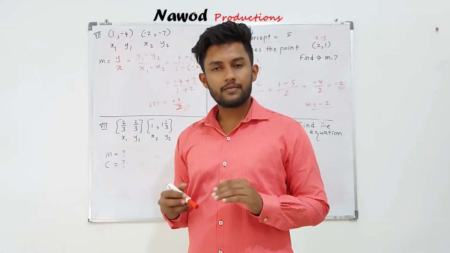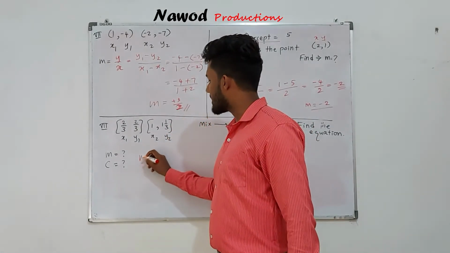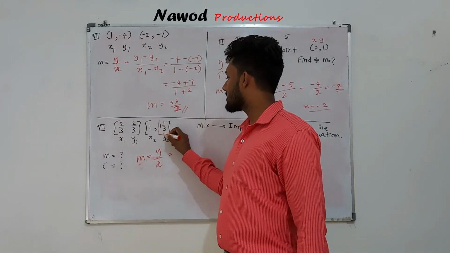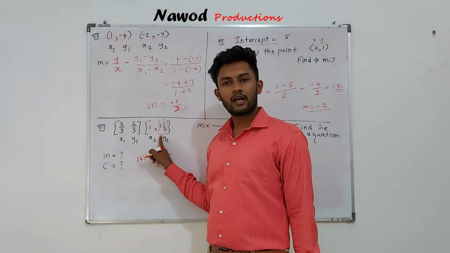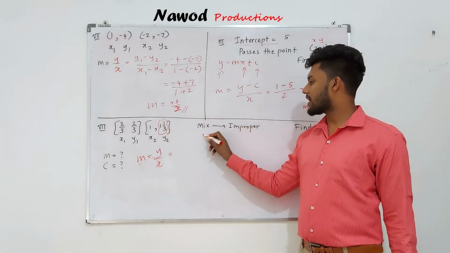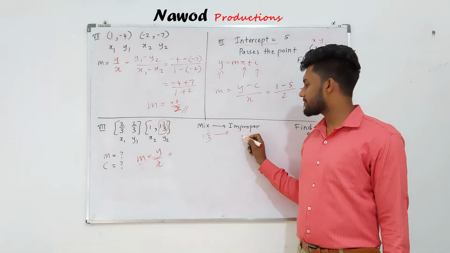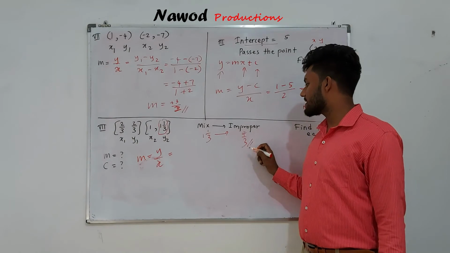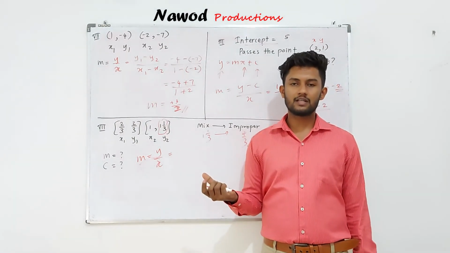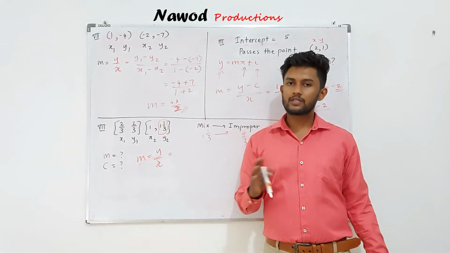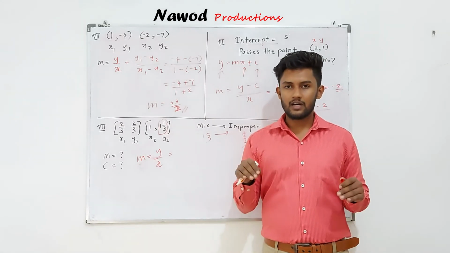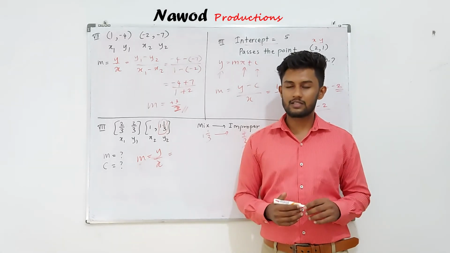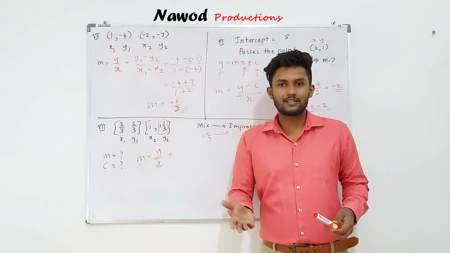We can find the gradient, m, as y divided by x. Here they have given a mixed number. First you want to convert 1 1/3 into an improper fraction: 3 into 1, 3 plus 1, 4 over 3. In the fractions lessons I have given you some videos on my channel. Below in the description I'll put the link. You can watch those and get a clear understanding of fraction lessons.